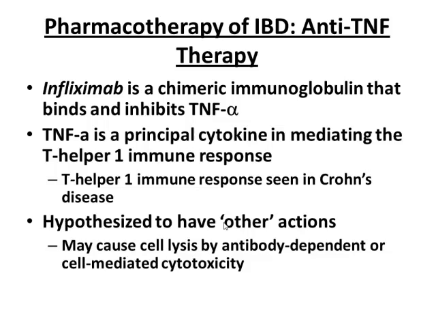As a reminder, TNF alpha is the main cytokine in mediating T helper immune cell responses. And once again, in Crohn's disease, you get this upregulation of T helper 1 cell immune responses. So this is basically an antibody that binds TNF alpha and stops that process from going on. It's also hypothesized to have other actions that might be helpful, including that it can potentially cause cell lysis by causing antibody-dependent or cell-mediated cytotoxicity.